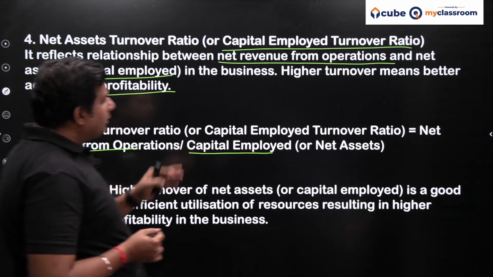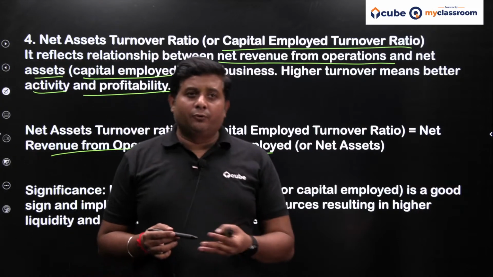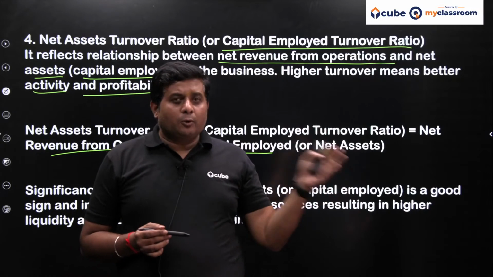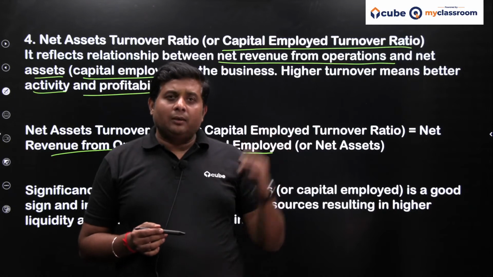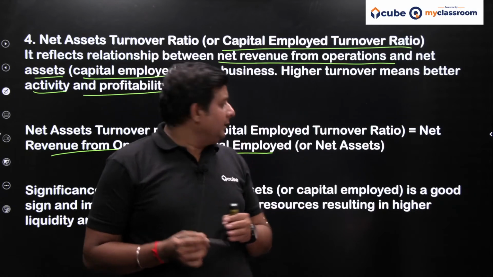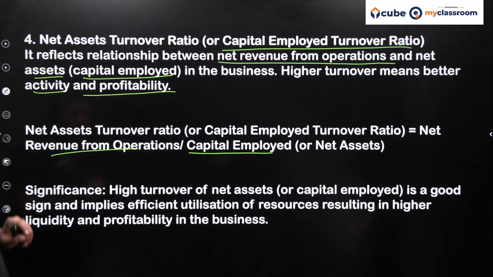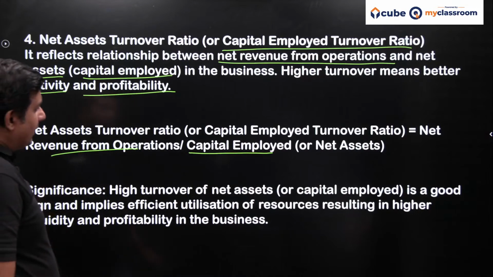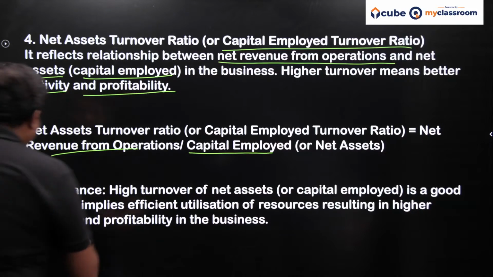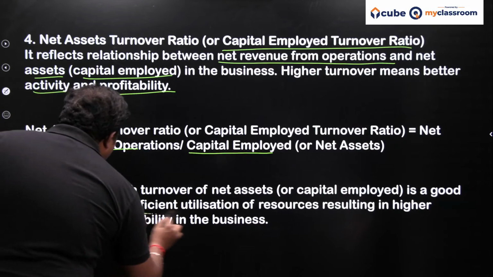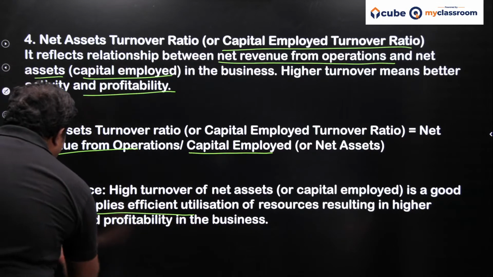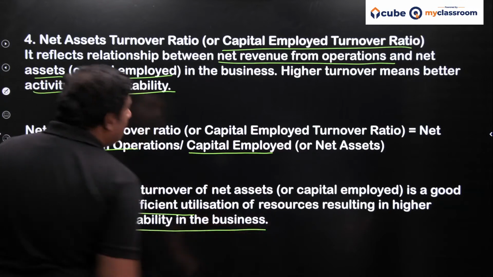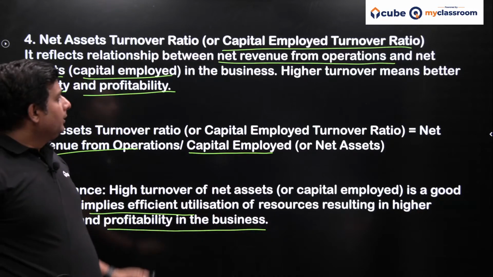Upon capital employed, which can be calculated in two ways: the asset side approach and the liability side approach. I have already explained this while teaching you the solvency ratio. Now what is the significance? A higher turnover of net assets or capital employed is a good sign and implies efficient utilization of resources, resulting in higher liquidity and profitability in the business.